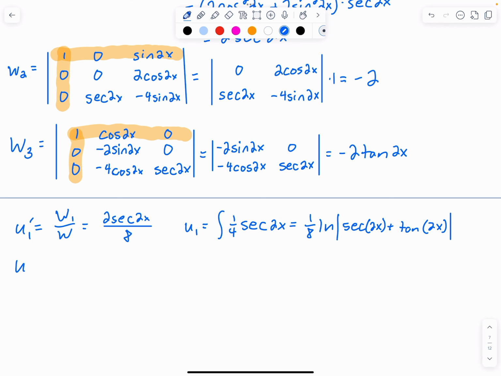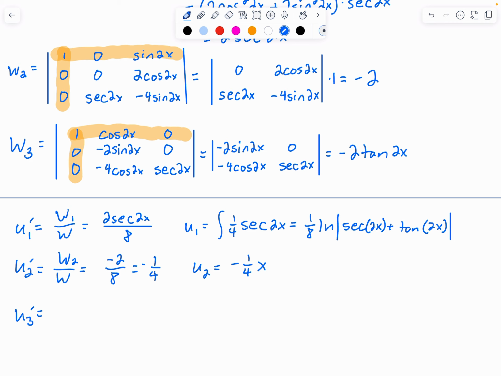Okay, u2 prime will be w2 over w. So that's negative 2 over 8, which is negative 1/4. That means u2 is negative 1/4 x. All right, it's an easy one. U3 prime will be w3 over w. So that's going to be negative 2 tangent 2x over 8.